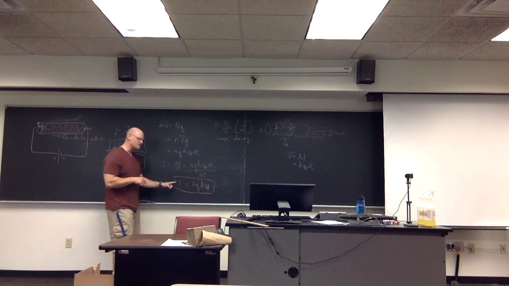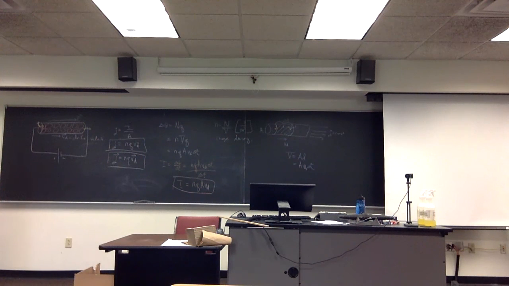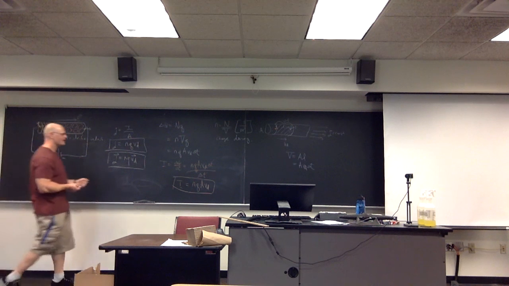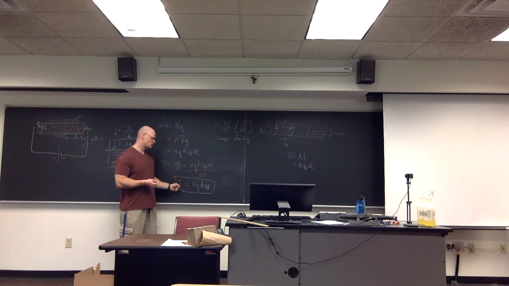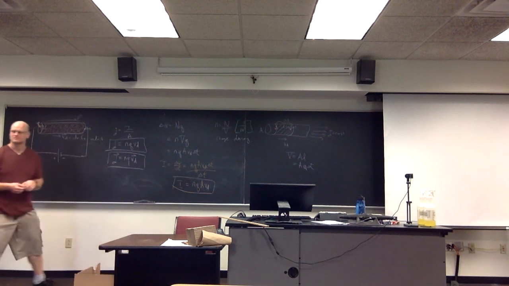As we said earlier, you can think of the current as basically how fast the charged particles are moving through our wire, which is what this says. So the current is directly proportional to the drift velocity, just multiplied by some number.